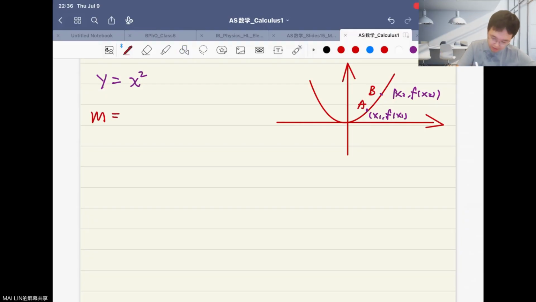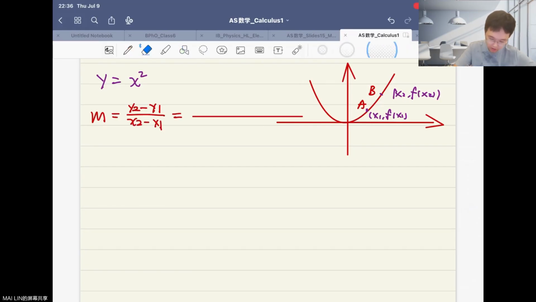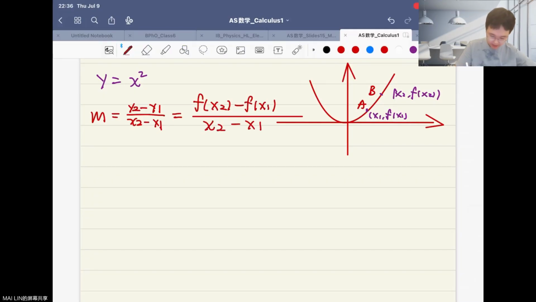The gradient is y2 minus y1, the difference between the y values of the two points, over x2 minus x1. y2 minus y1 can be written as f(x2) minus f(x1), and x2 minus x1 stays as x2 minus x1.